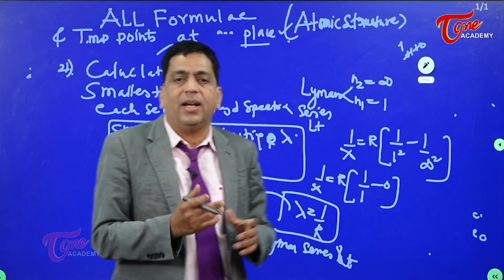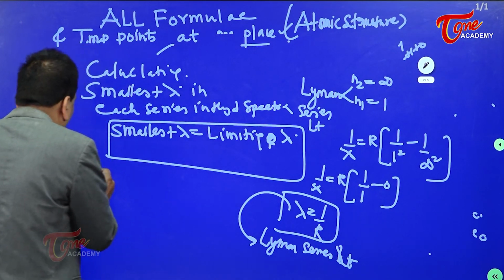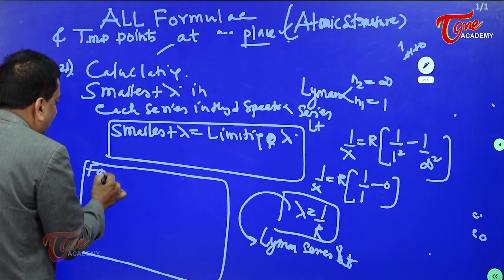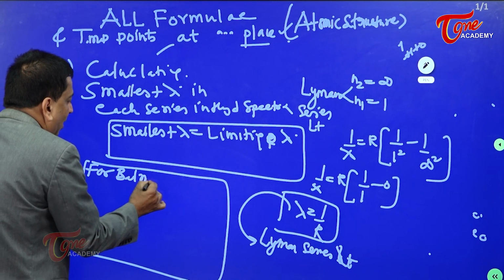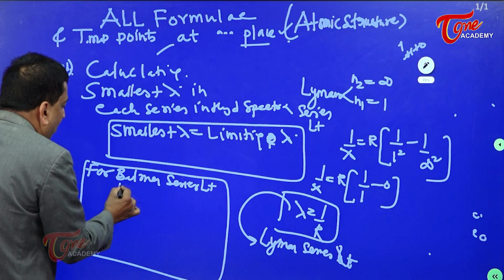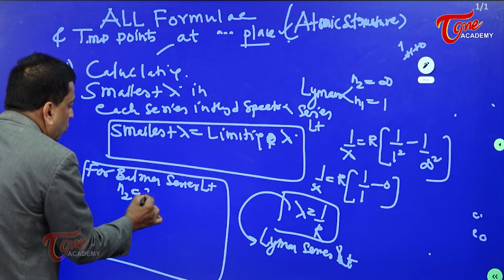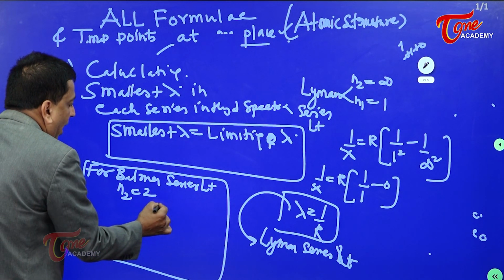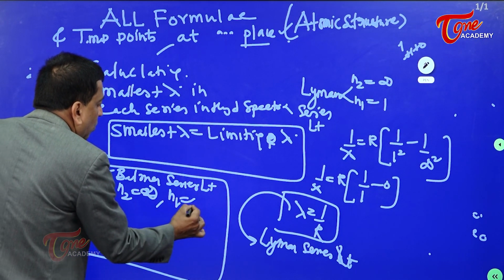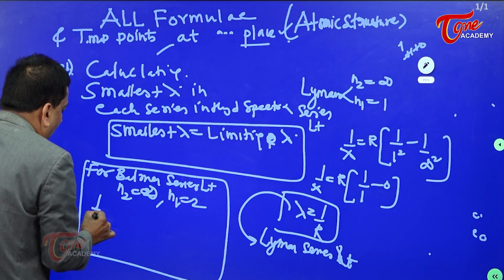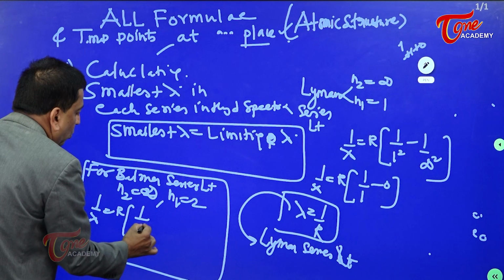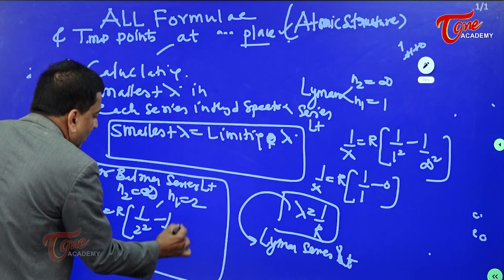If I calculate Balmer for you, then for the Balmer series limit, watch carefully. Substitute N2 as infinity and N1 is equal to 2. Then 1 by lambda is R into 1 by 2 square minus 1 by infinity square.